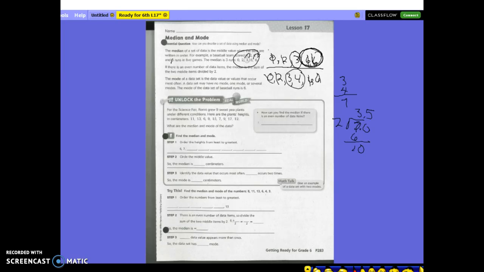Divide the sum of the 2 middle items by 2.